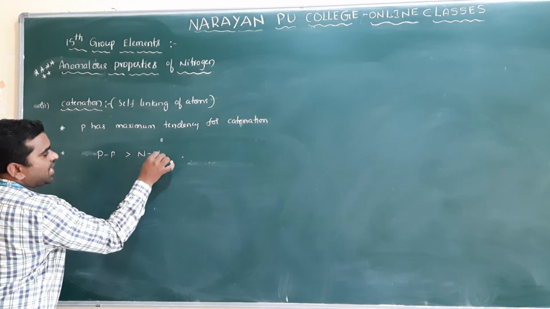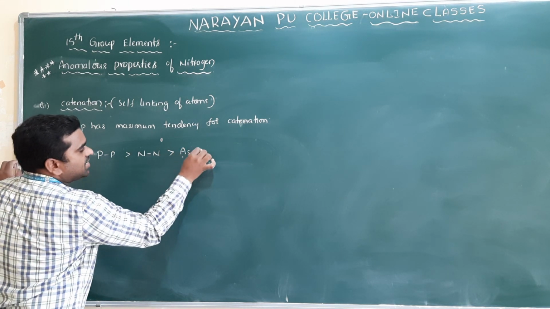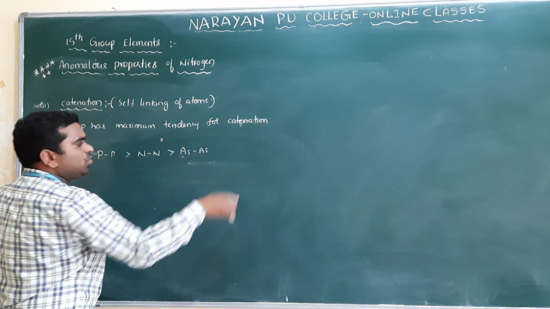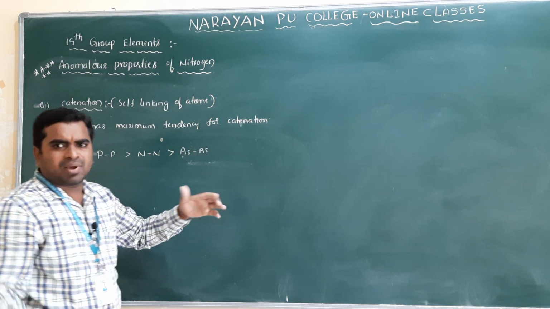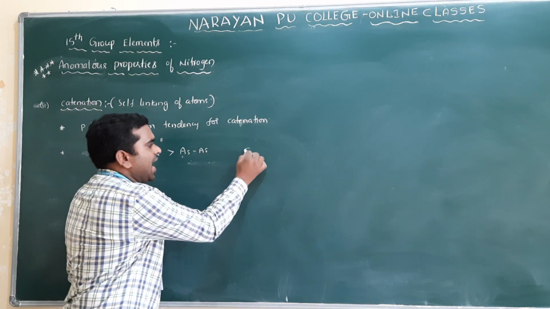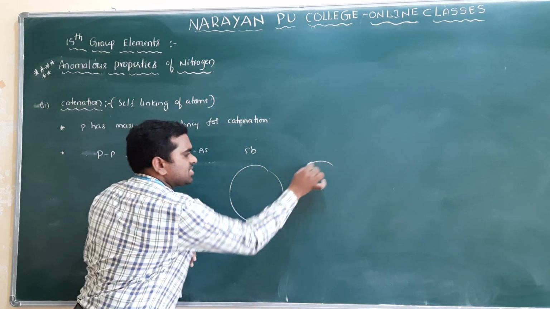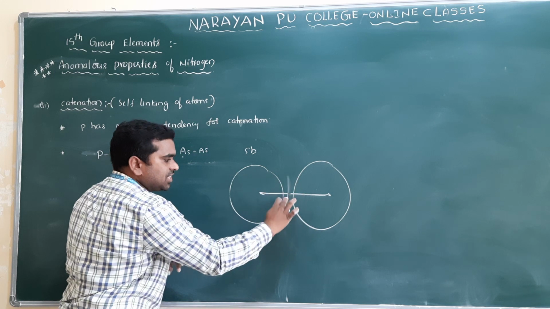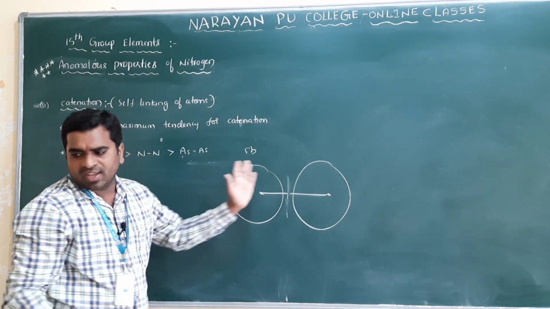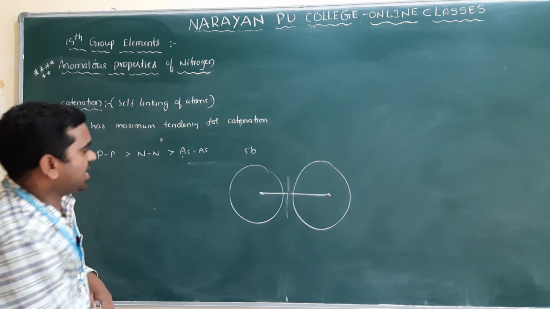After then you will get nitrogen and arsenic, and after then they cannot link together. Why? Because if you go for antimony and bismuth, size increases, when size increases bond length also increases, this bond becomes very weak, so they cannot show any catenation property.